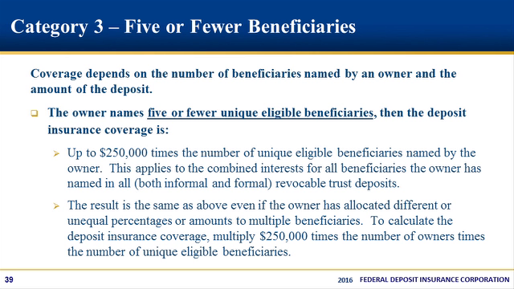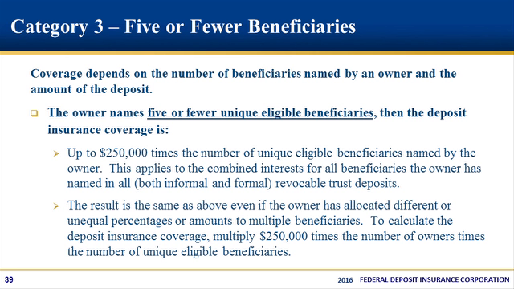This is a two-part rule which will help us answer those questions. We will discuss the first part of the rule on this slide and the second part of the rule on the next slide. The first rule concerns revocable trust accounts with 5 or fewer beneficiaries.